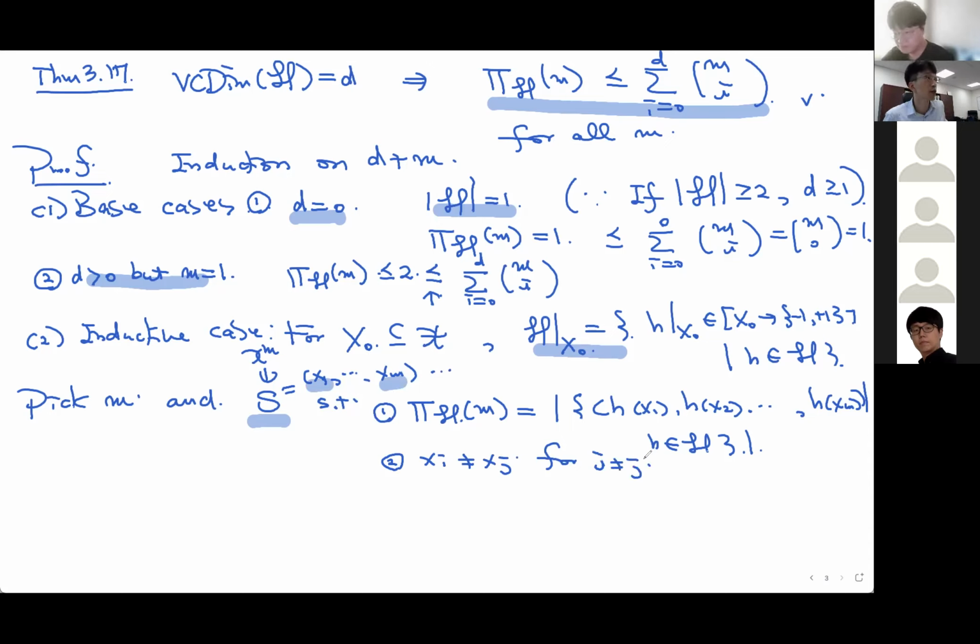So what we're going to do is we will consider a few sets. The first set is X0, which will be the set of S. In other words, this is one.